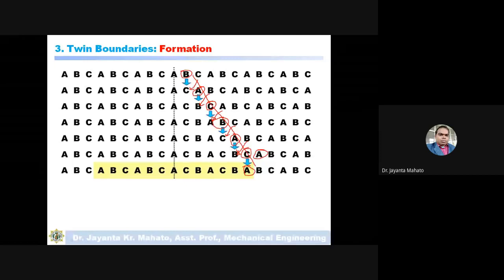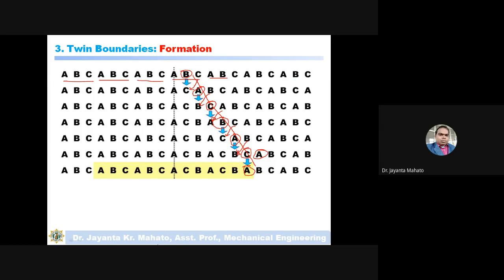But in the regular arrangement, the planes are like first A, then B, then C, then again A, B, C, then again A, B, C, like this.